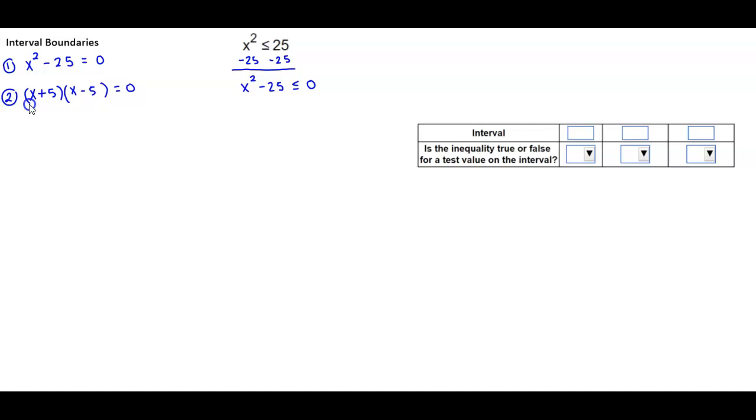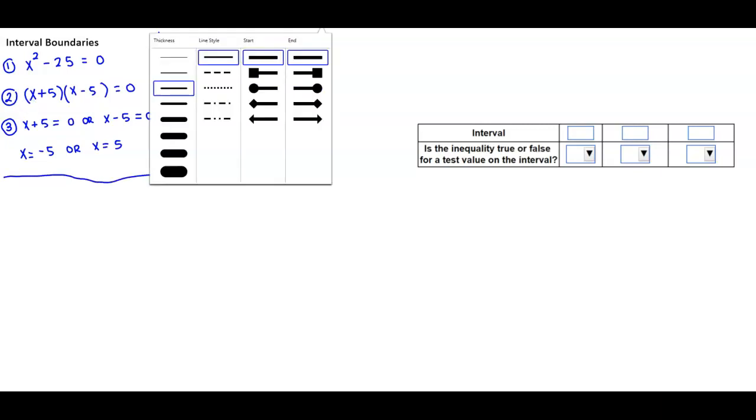So it's x plus 5 times x minus 5. Step number 3, using the zero product rule, we have x plus 5 equals 0, or x minus 5 equals 0. Therefore x equals negative 5, or x equals positive 5. Those are our interval boundaries.